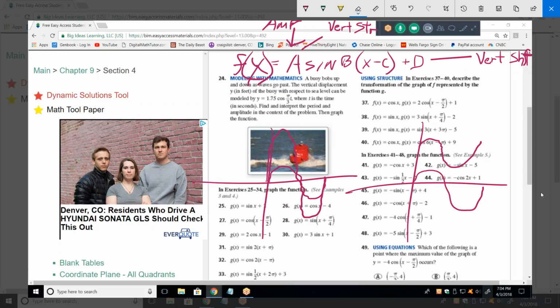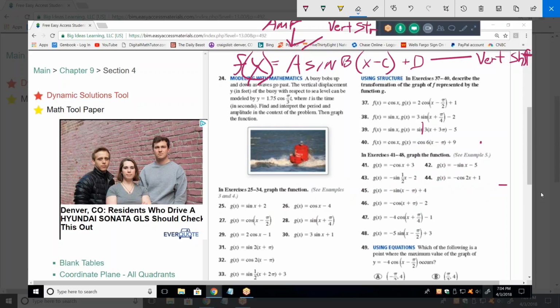So much in the same way that with polynomials, you have vertical shift, horizontal shift, vertical stretch, horizontal stretch, and you have reflections. And this is exactly the same. Okay? What is C called? What is C called in a polynomial?